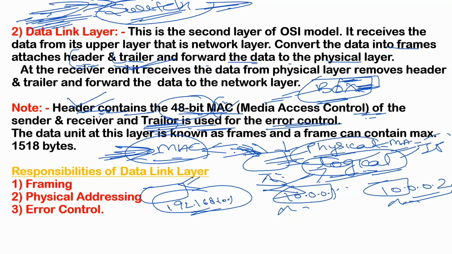The data unit of this layer is known as a frame. As we discussed earlier, in the data link layer the frame is used as the data unit. A frame can contain a minimum of 64 bytes and a maximum of 1518 bytes.